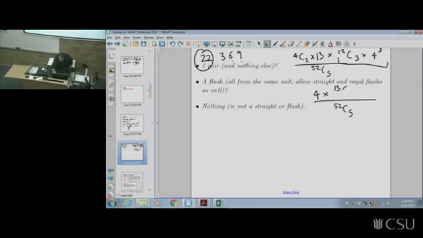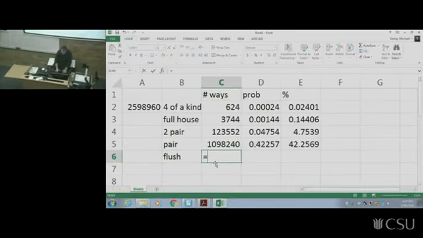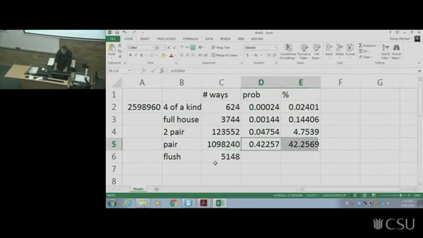They all have to be the same suit, so the 4 will do the suit part for you. So 4 times 13 choose 5. So that's all flushes. In reality, straight flushes and royal flushes are considered more special, and so they're sort of taken out. There's not very many of those though.